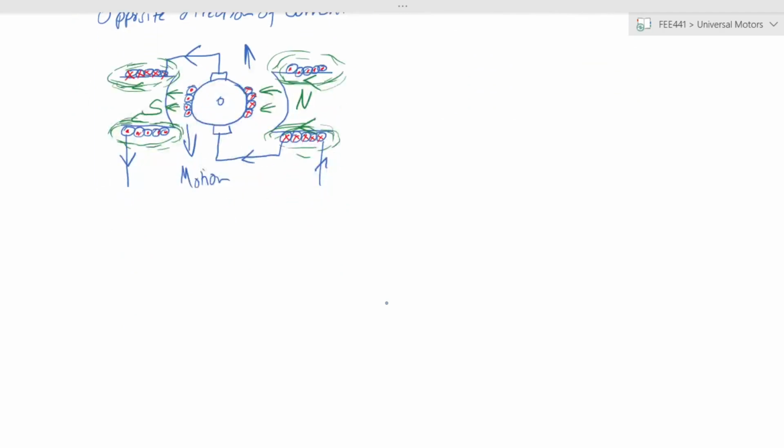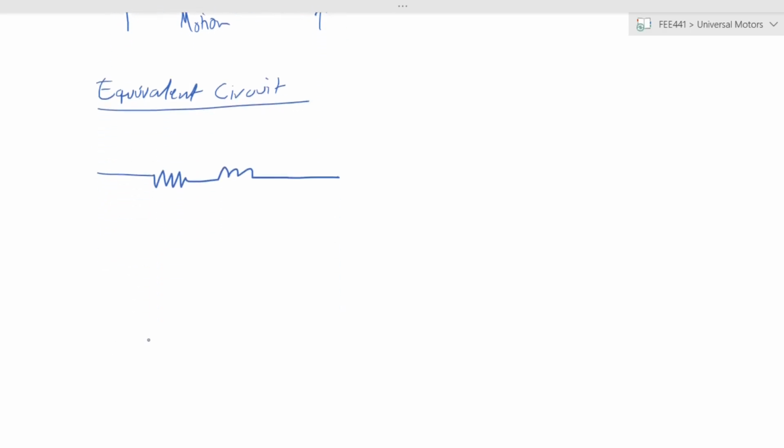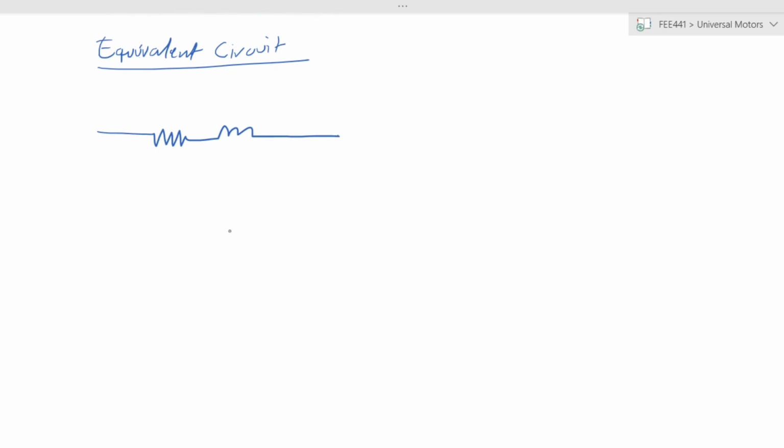So let's look at the equivalent circuit of the universal motor. We have a field winding, which is represented in a similar way to what we have had before: you have a resistor representing the real components, and you have an inductor or a reactance representing the imaginary or reactive components.